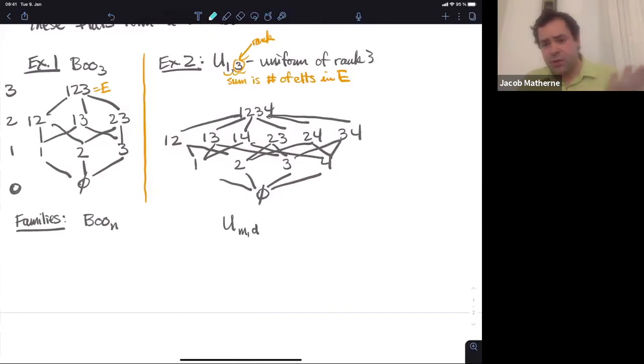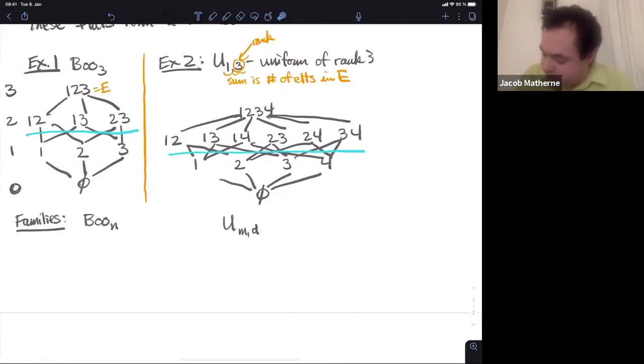It says that if I draw a horizontal line through the middle of this lattice of flats, and I start at the bottom and go up some number of levels, but I don't cross this line, and then I start at the top and go down the same number of levels, then there are more elements at the top level than at the bottom.